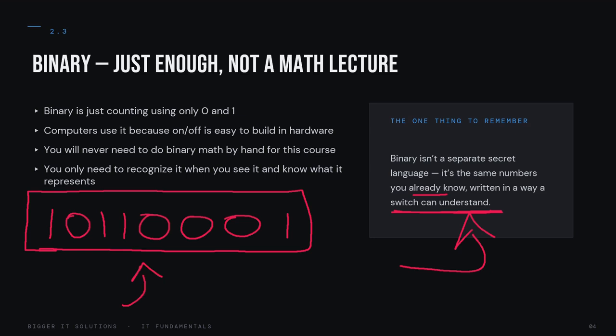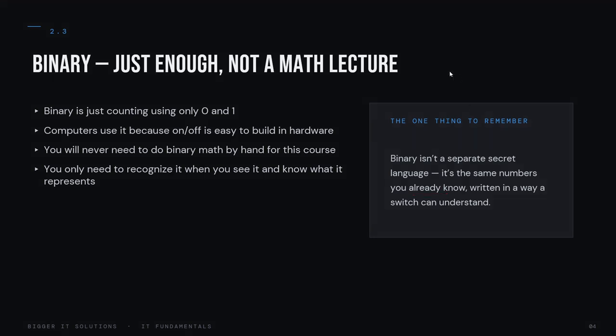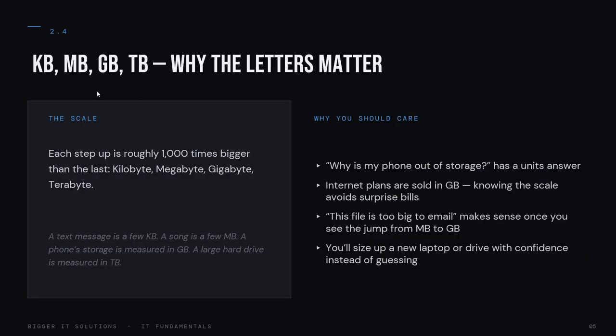Now, once we represent these characters, and we start taking up space, you're going to start seeing some other terms out there like megabyte, kilobyte, gigabyte, terabyte, right? That's what the KB, MB, GB, TB stand for.